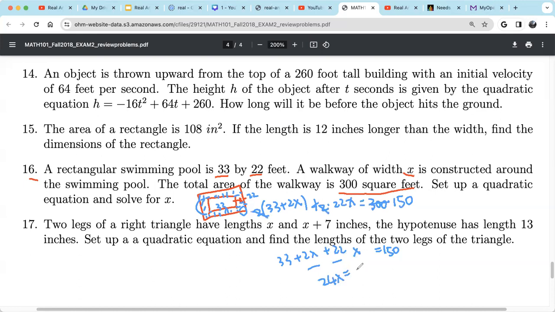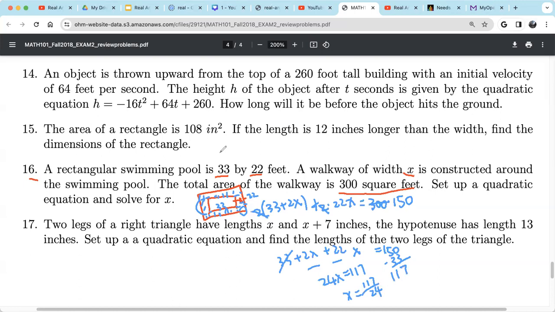Then 150 minus 33, right? Move 33 to the other side, minus. So we get 117. Then we need to solve for x, so x equals 117 divided by 24.